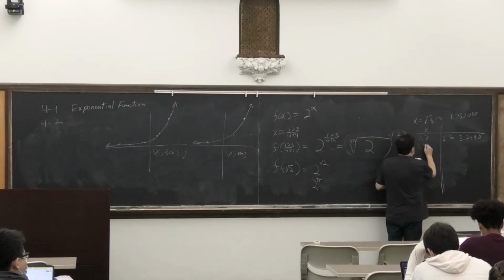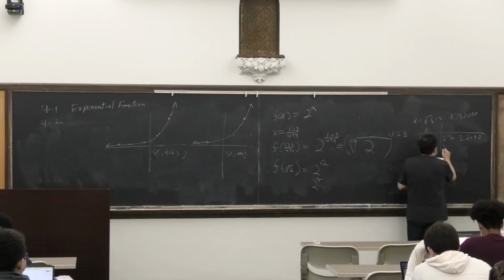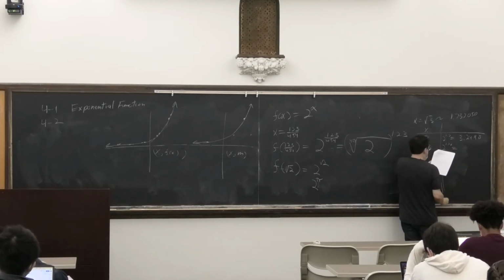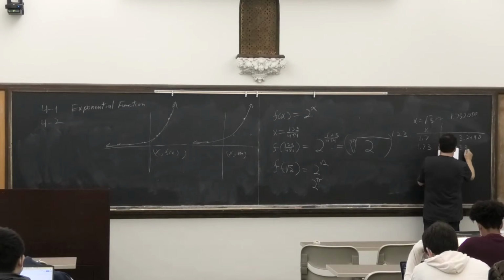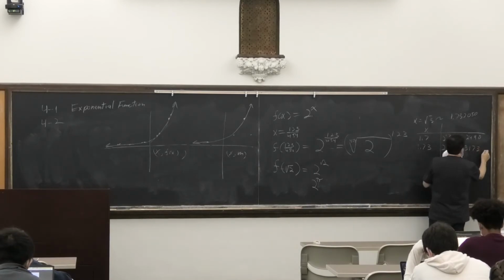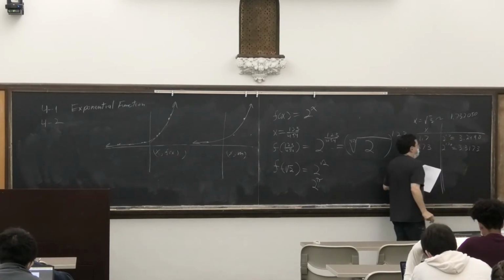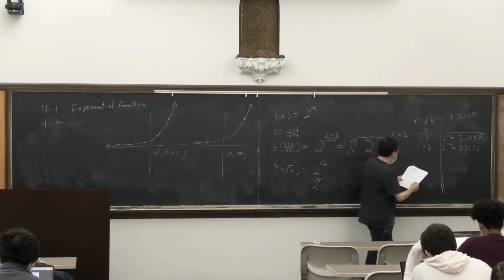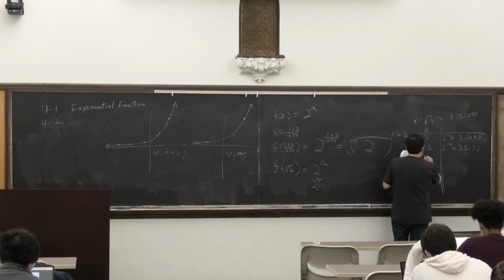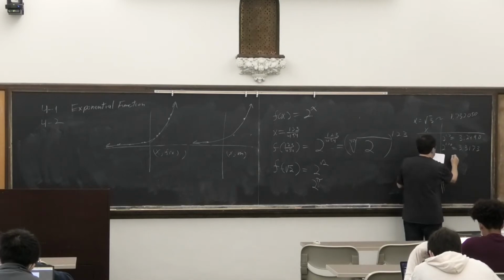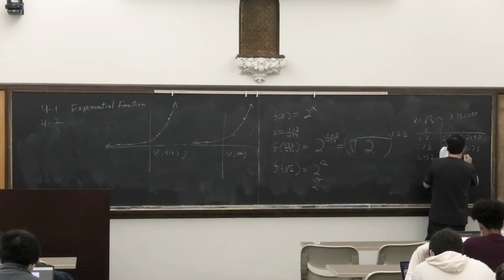And I could try a better estimate. And I get 3.3173. Again, not exact. I'm going to get 3.3219.